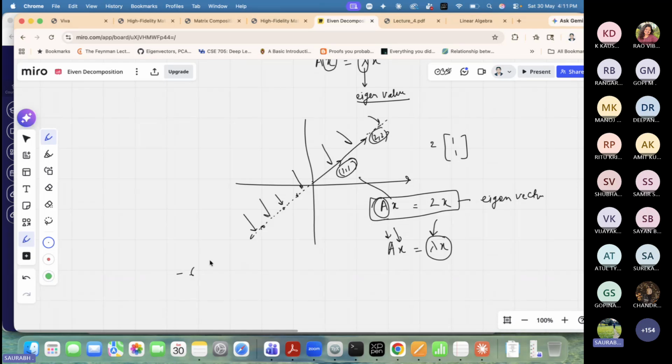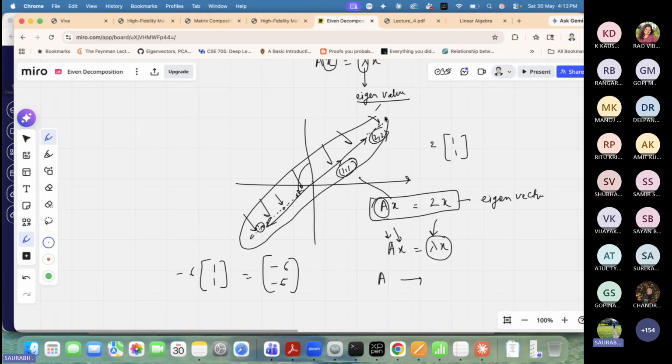If I multiply (1, 1) by -6, it would be just (-6, -6), right? The vector would be somewhere here, at this particular point. But it's still on the same axis. There could be infinite vectors which, after getting multiplied by matrix A, are on the same axis. So this entire space, on which all the eigenvectors reside, is called the eigenspace.